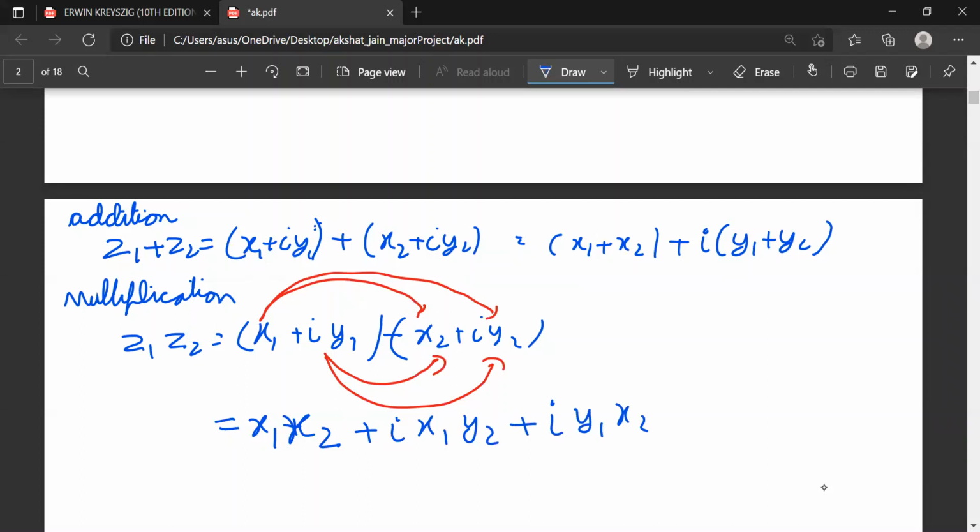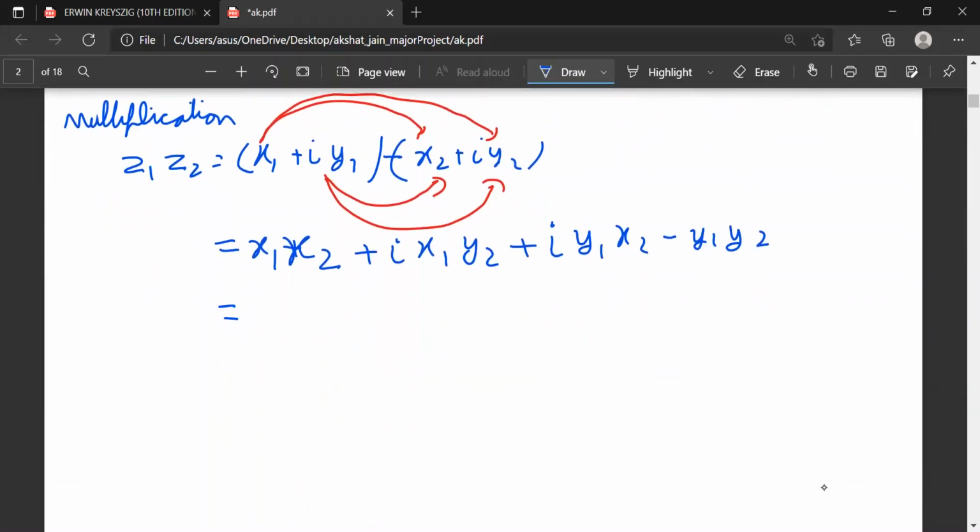Then iota square y1 y2, and we know the value of iota square is minus 1, so that is minus y1 y2. So here x1 x2 minus y1 y2 plus iota times x1 y2 plus y1 x2. This we already saw above.